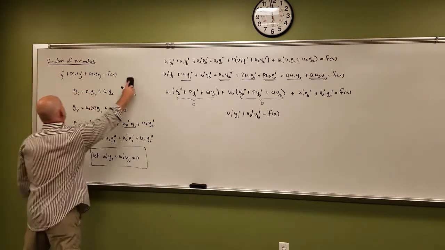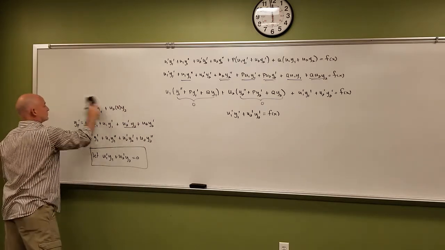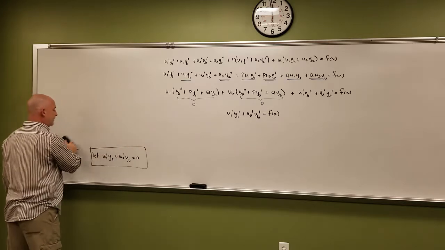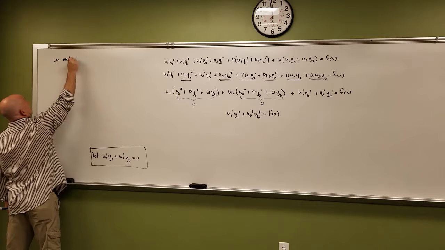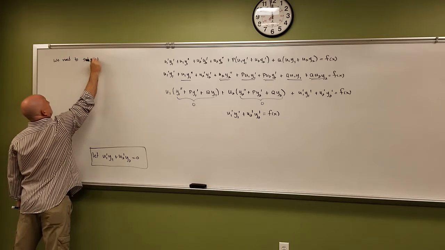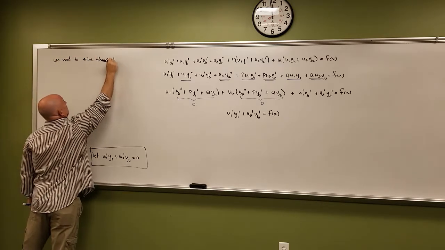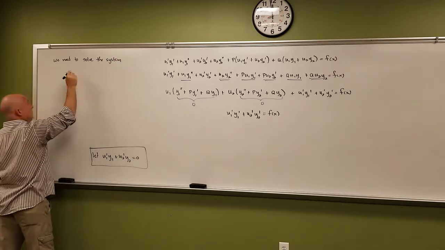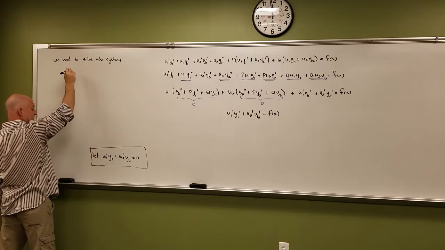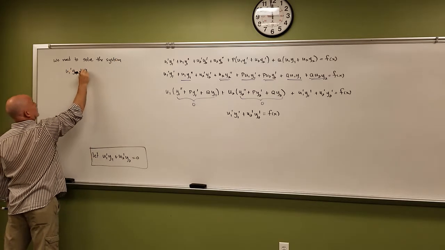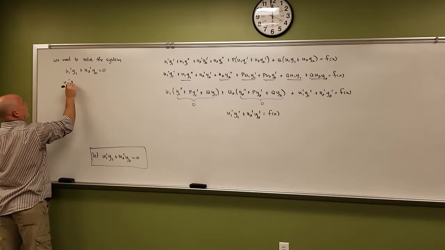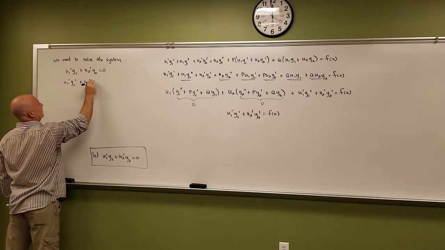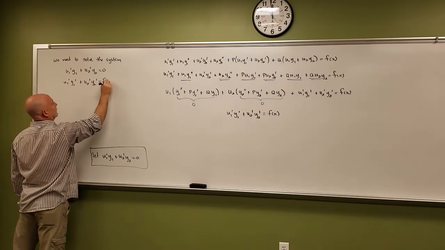All right, let me go ahead and get some of this out of here. So we end up having to solve a system, and the system that we have to solve is u1' y1 plus u2' y2 is equal to 0, and u1' y1' plus u2' y2' equals f of x.